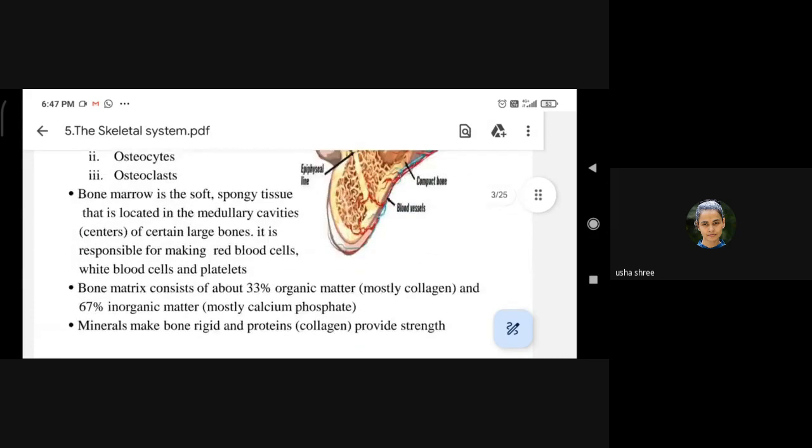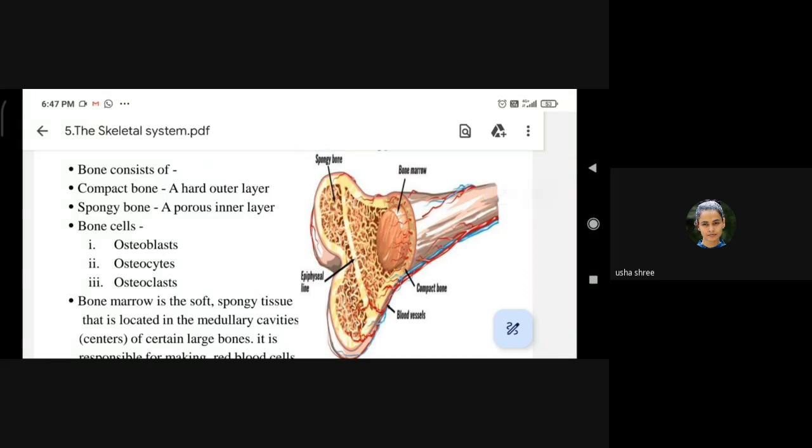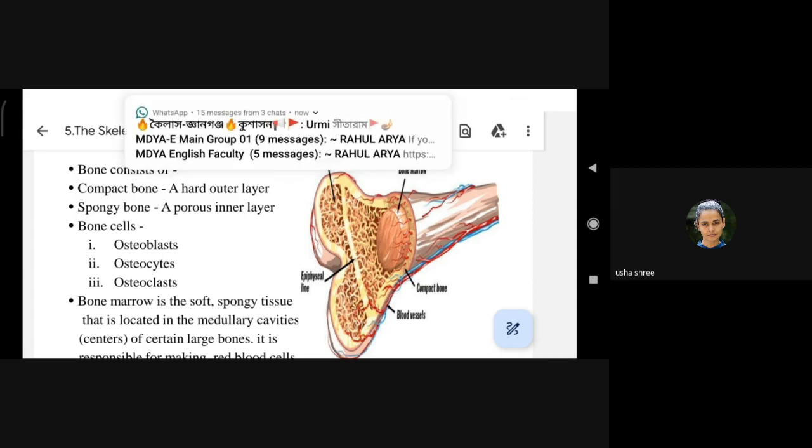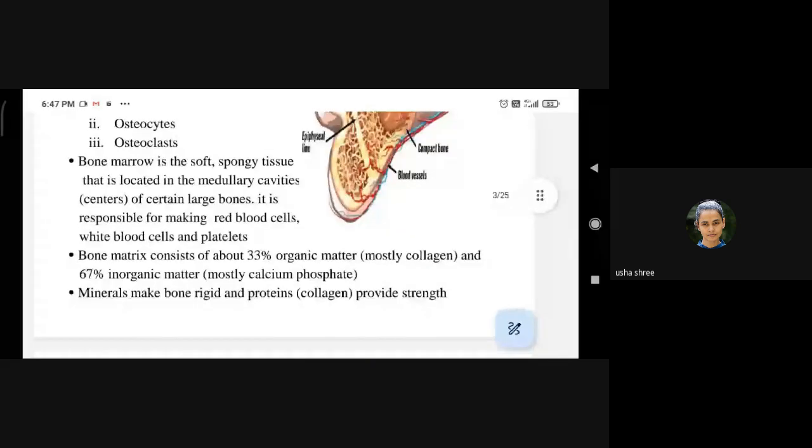And inside that hard part, we can see this porous spongy part. The hard part is the outermost layer, and inside that we can find a spongy porous part, known as spongy bone. And inside that spongy bone, we can find bone marrow, from where blood cells are made. Okay, clear?